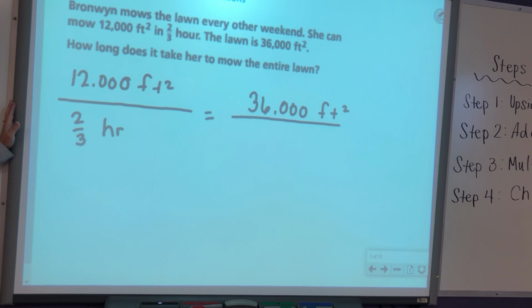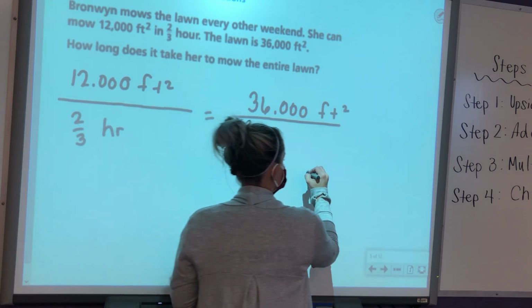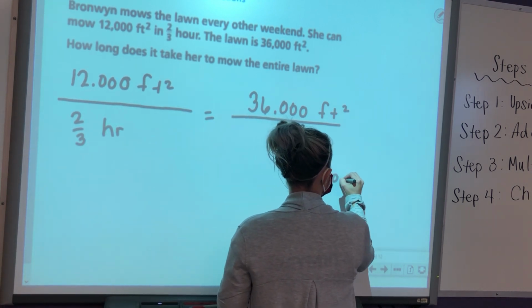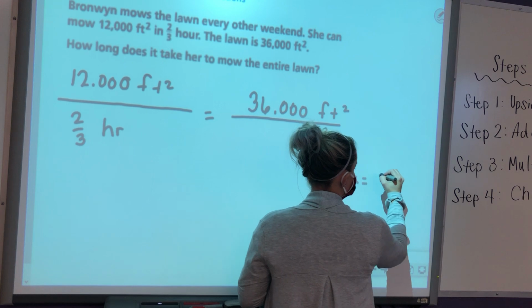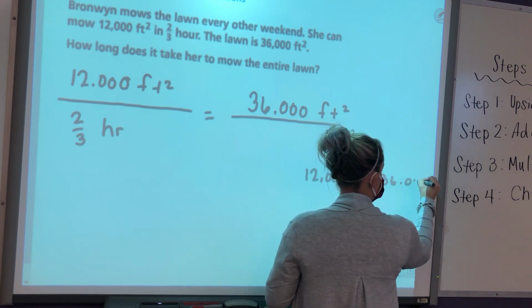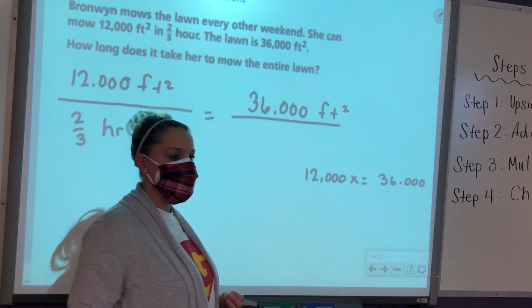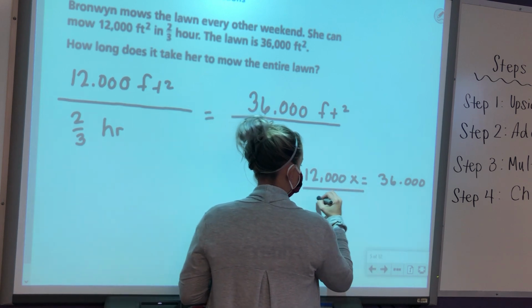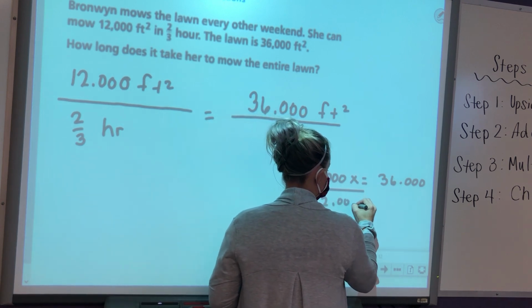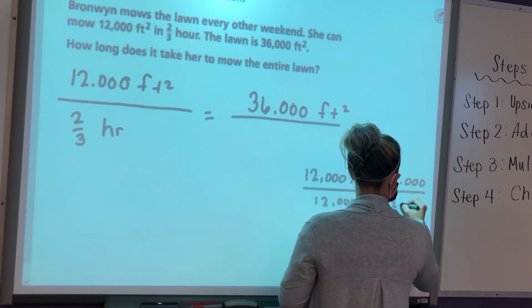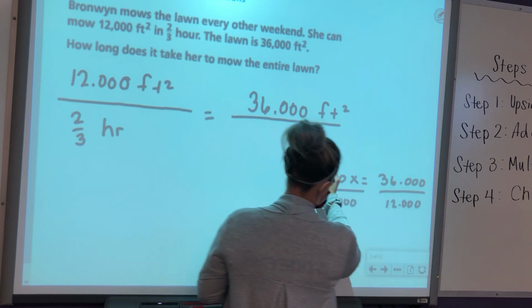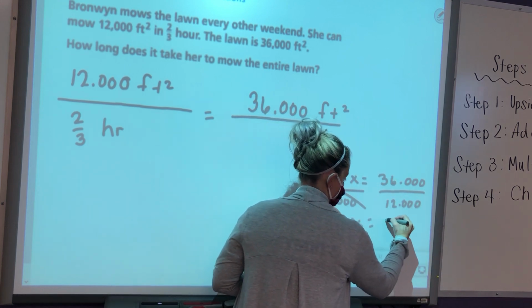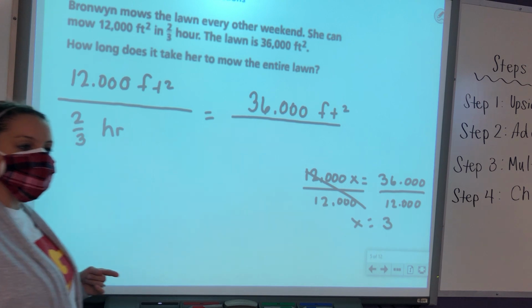Now, if you don't know what to multiply by, what do you have to do? Divide. Okay, you can divide. You can set up an equation. So 12,000 times some value is going to give you 36,000. So you can divide both sides by 12,000 and you'll get your value.